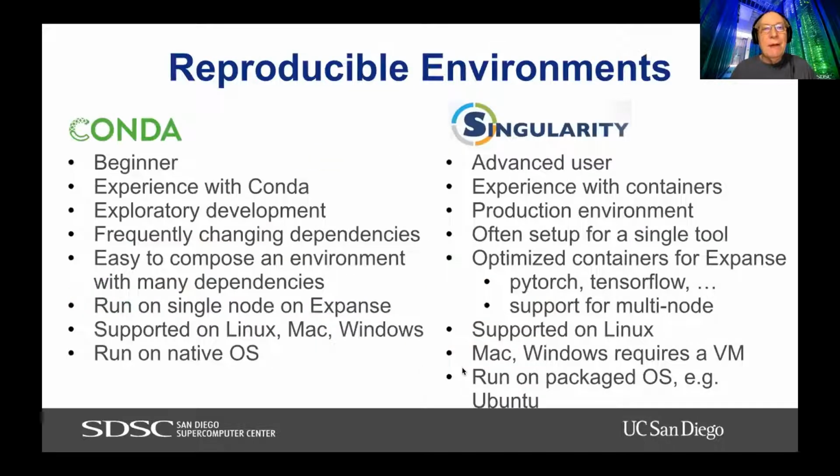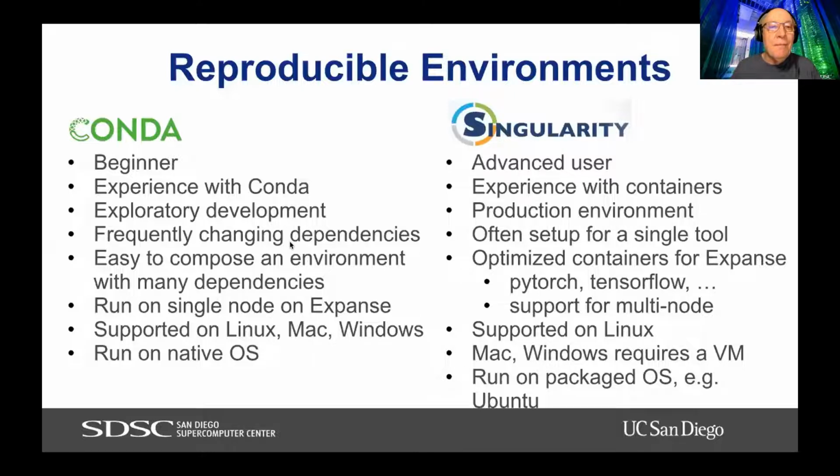Okay, so just a quick comparison of Conda versus Singularity, in case you're not familiar with that. With both of them, you can create a reproducible environment. Conda is best for beginning users, or if you already have experience using Conda, whereas with Singularity, you probably want to be a more advanced user, maybe with some previous experience, such as Docker containers.